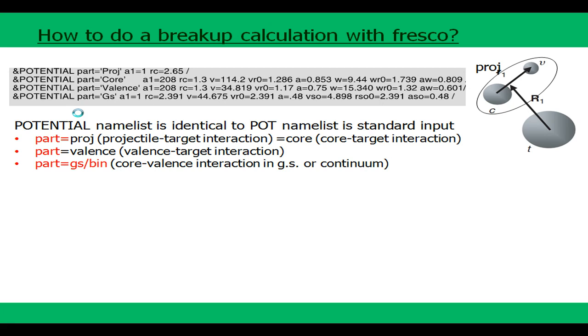In this line you have a spin orbit, which is a different one. If you need a surface one, I can't remember, you have to go back.